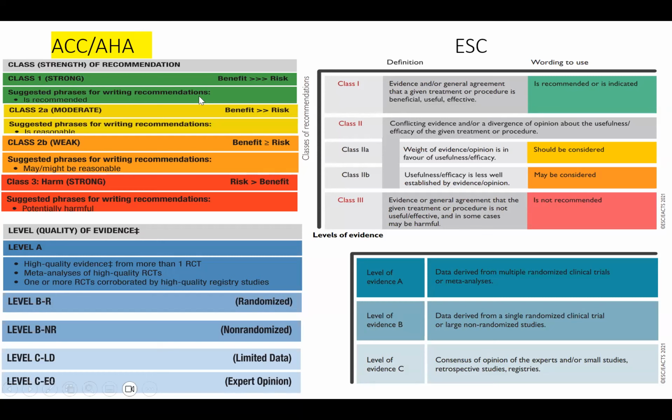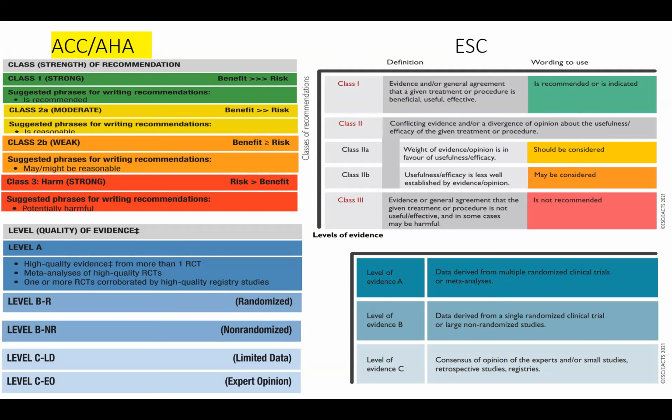So we know that class 1 recommendation is strong and it means do it. It's recommended, do it, or it's indicated. Class 2 means there's some conflicting evidence. In some instances, it was found to be useful, in others, maybe not as much, or there was some harm or whatever. But class 2A would mean that it should be strongly considered. Much of the evidence is in support of benefit over risk.